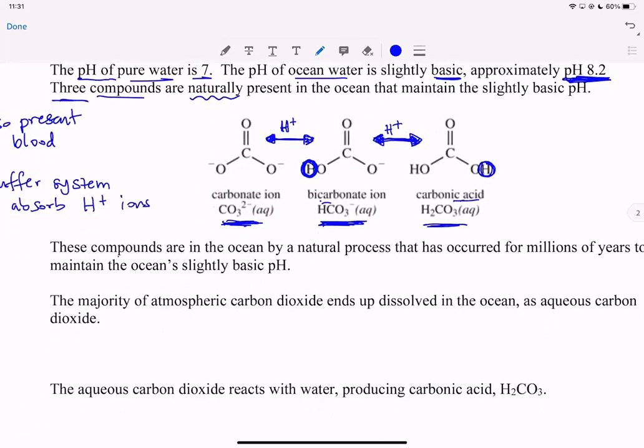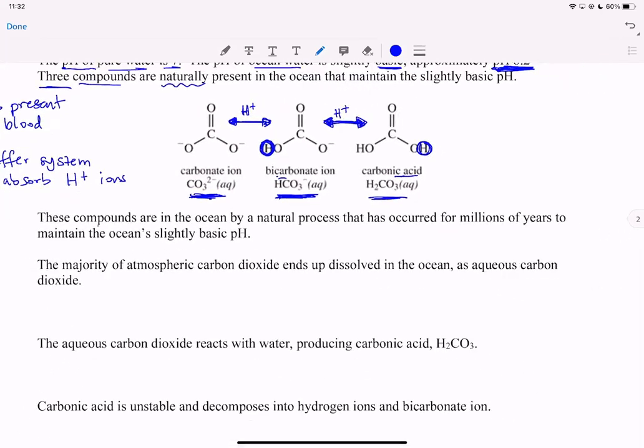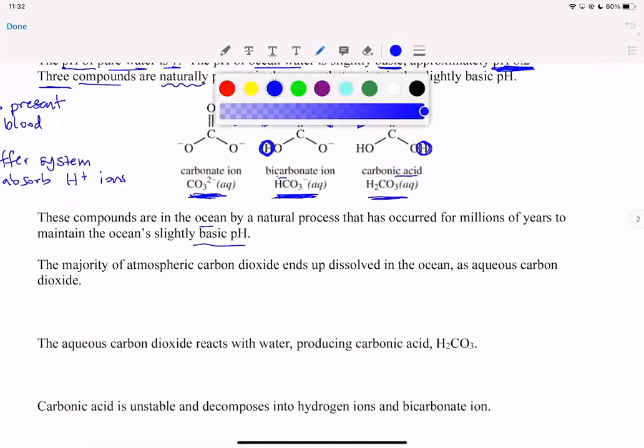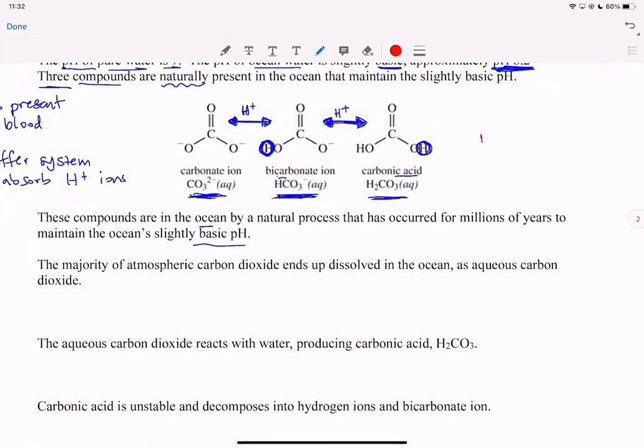And so these compounds are naturally in the ocean and in your blood. This has been there for millions of years, and it maintains a slightly basic pH. The concentrations of these compounds are set in the ocean. They're not changing. What's changing is the concentration of hydrogen ions.